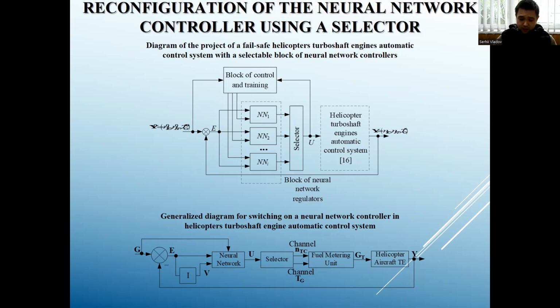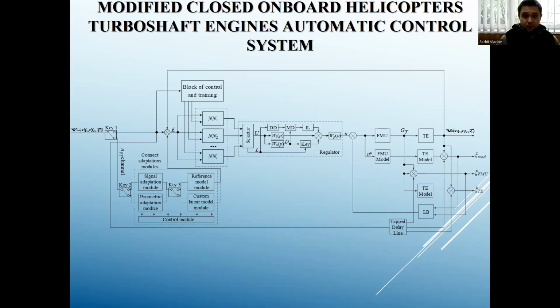The neural network approximator provides more flexible adaptation to changes in external conditions and helicopter turboshaft engine parameters. Thus, the modified closed onboard helicopter's turboshaft engine automatic control system is presented on this slide.